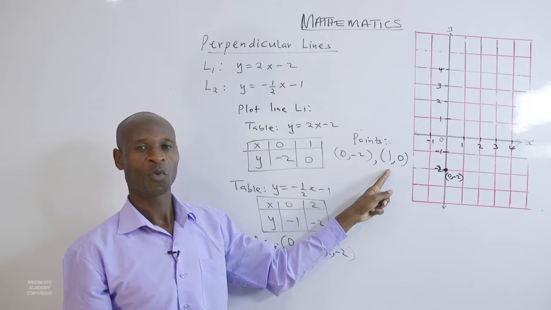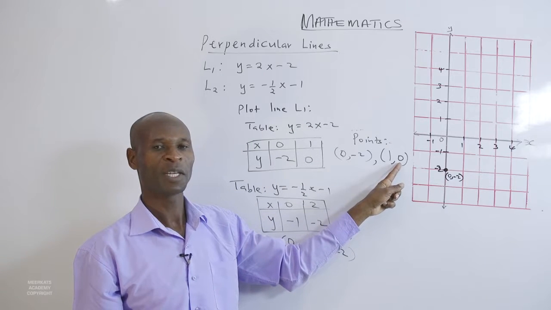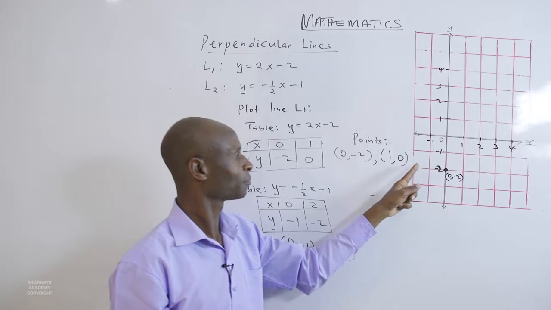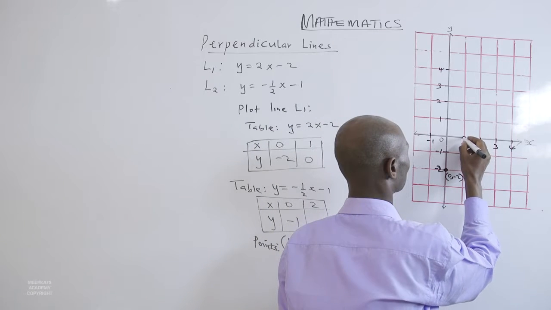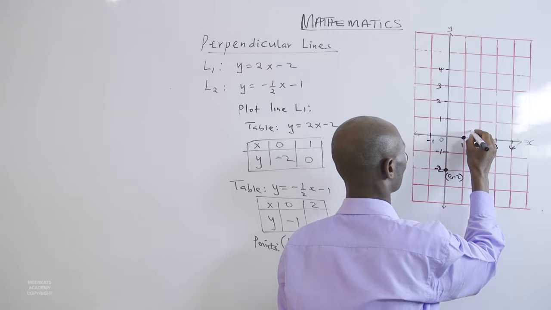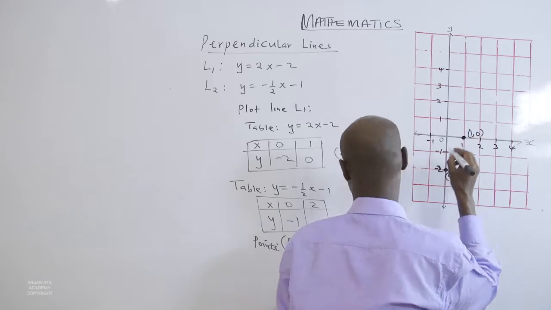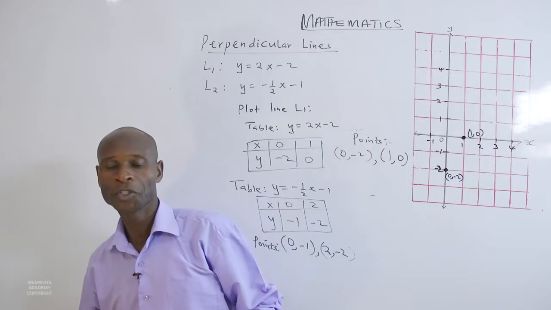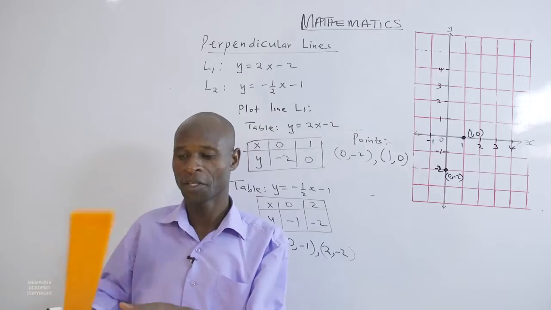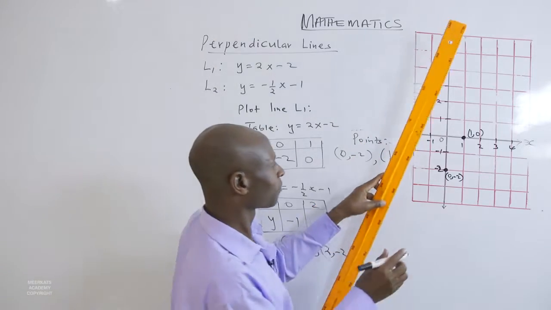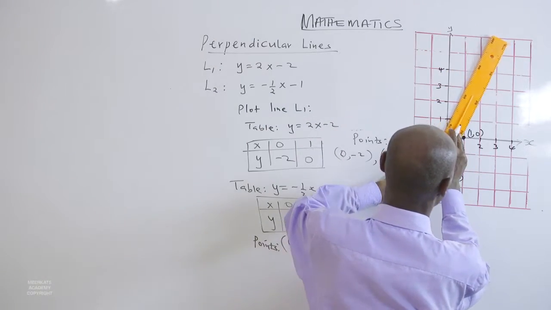When x value is 1, y value is 0. That means x-intercept. We now join the 2 points using a ruler.